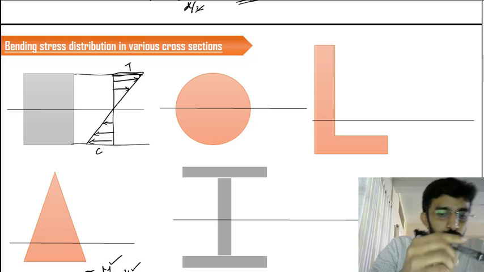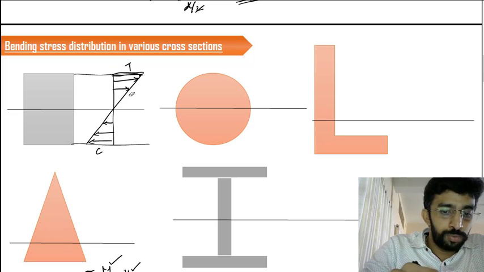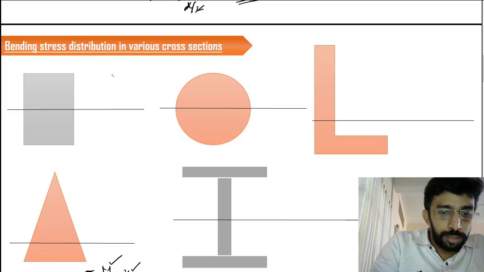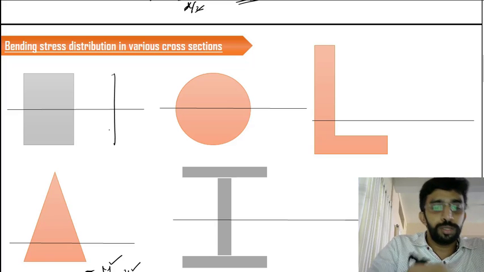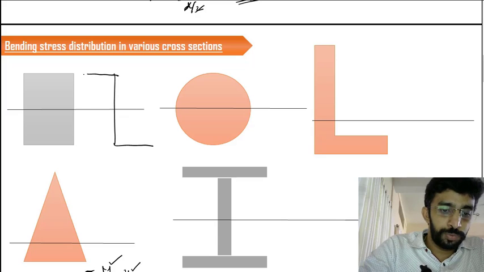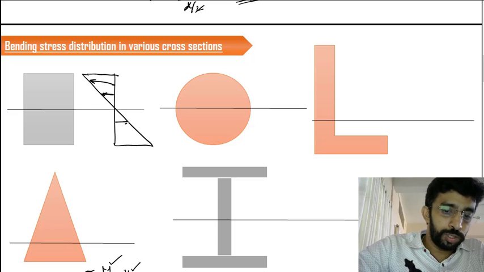So how can we redraw the system? It's very easy. If you draw it like this, the top fiber is going to experience compression and the bottom is going to experience tension. All together it is going to look like this. It is something like a mirror image.